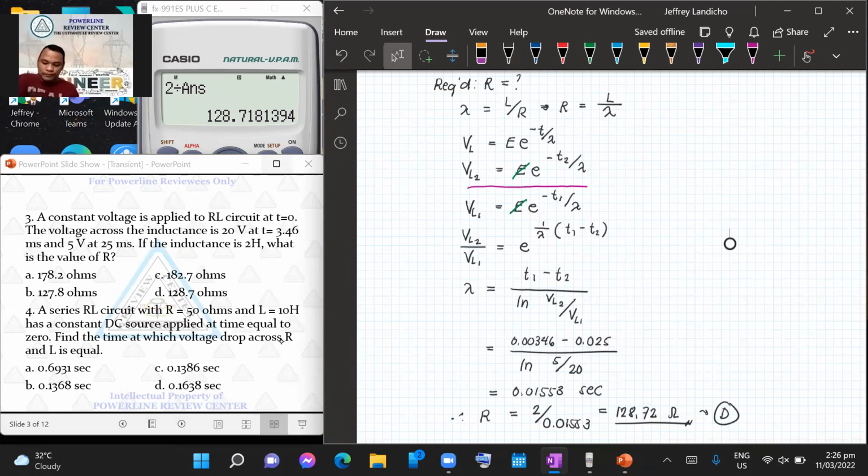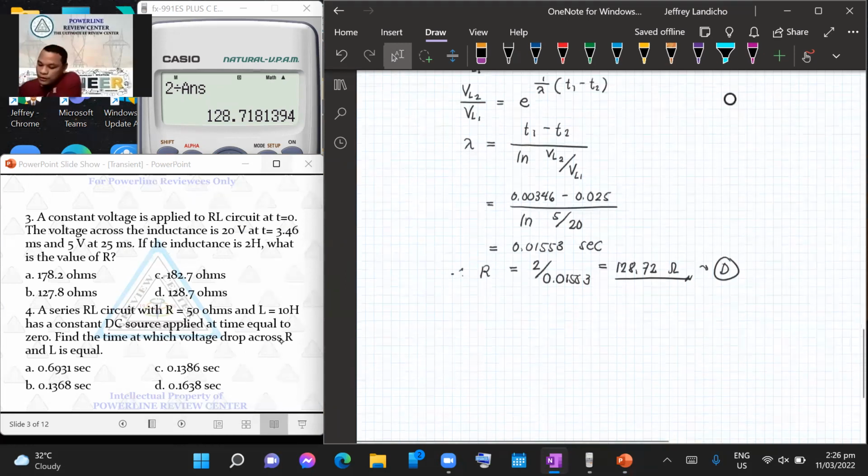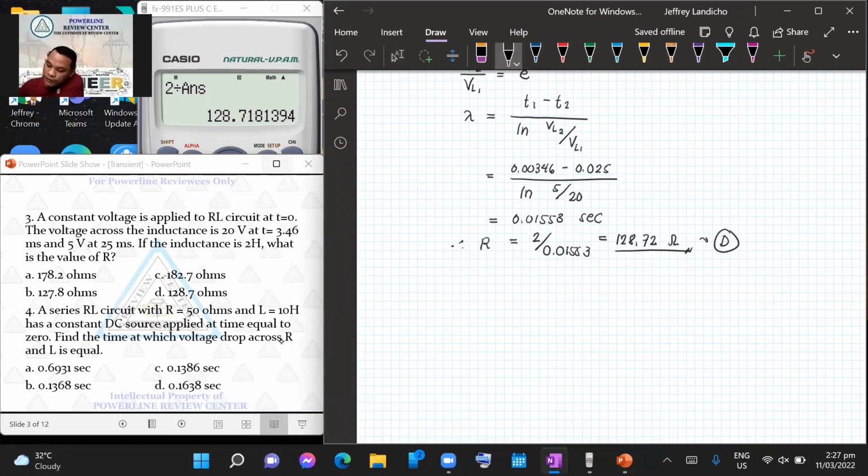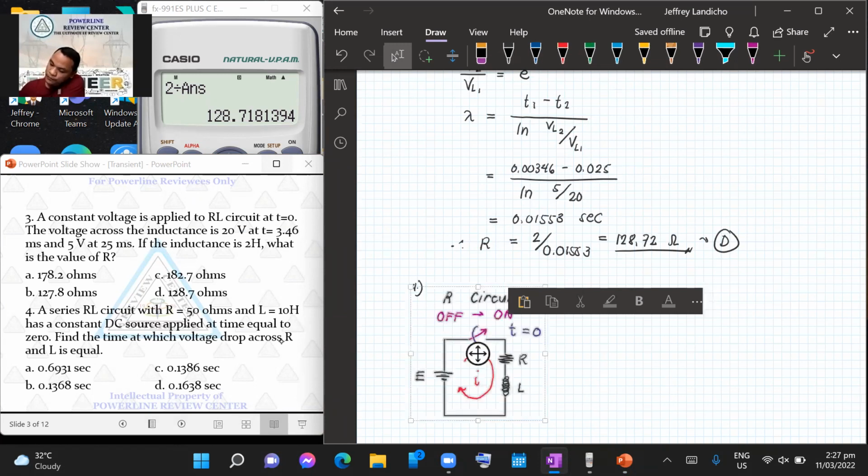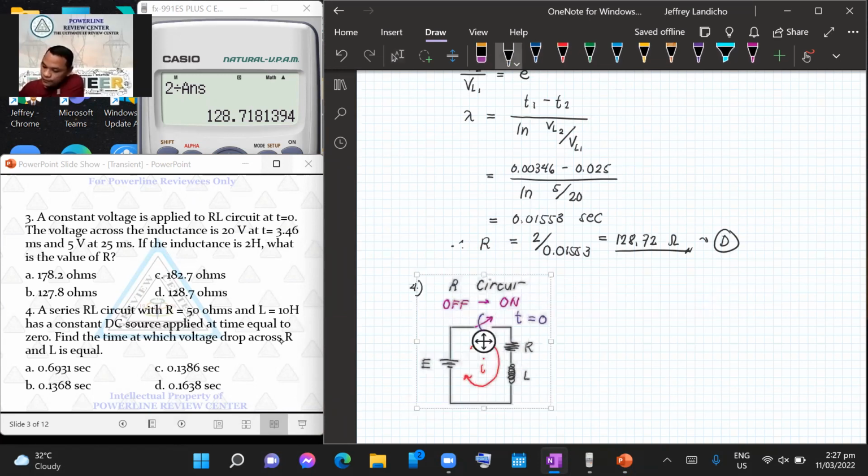So number 4. A series RL circuit with resistance of 50 and 10 Henry has a constant DC applied at time equal to 0. Find the time at which the voltage drop across R and L is equal. So RL ulit tayo, number 4. At time equal to 0, switch is closed.